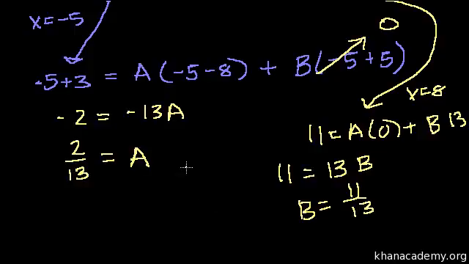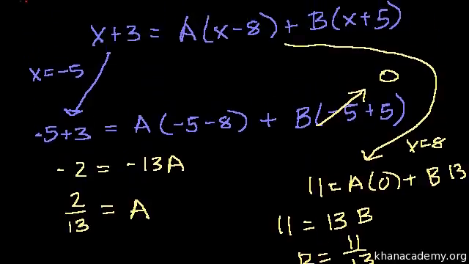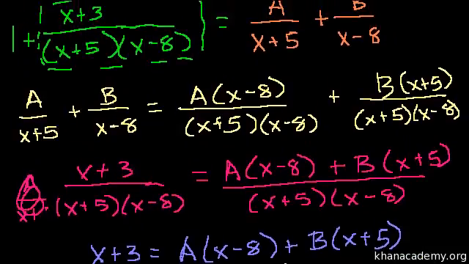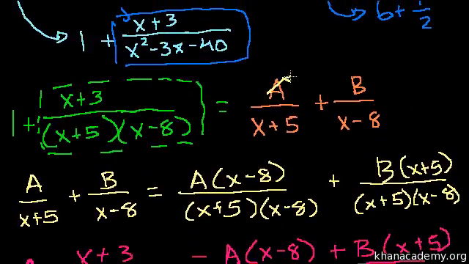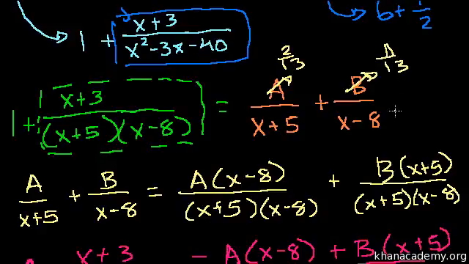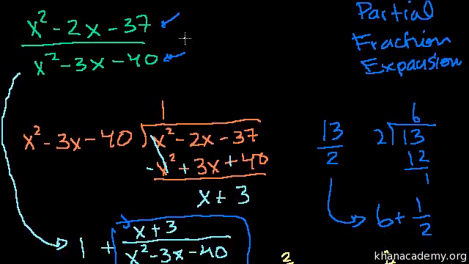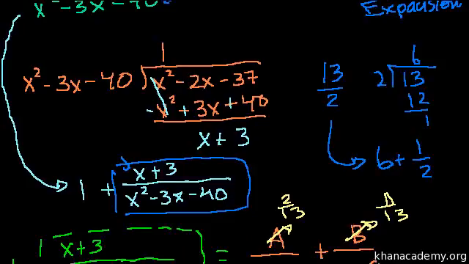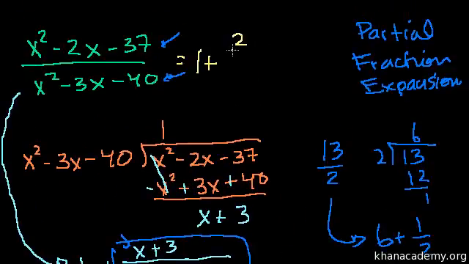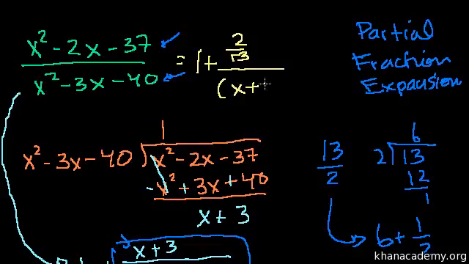So we were able to solve for our a's and our b's. And so we can go back to our original equation, and we could say, wow, this just has to be equal to 2 over 13, and this just has to be equal to 11 over 13. So our very original thing we wrote up here can be decomposed into 1, that's this one over here, plus 2 over 13 over x plus 5.